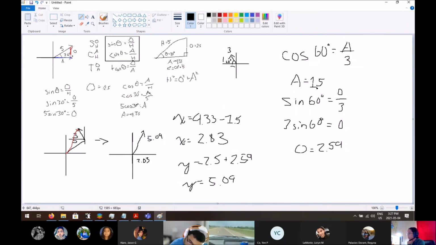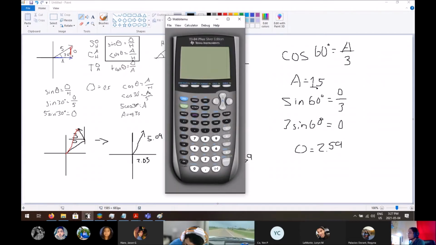So how do we make use of it? Well, we can use Pythagorean theorem. Square root of 2.83 squared plus 5.09 squared, that'd be 5.47.